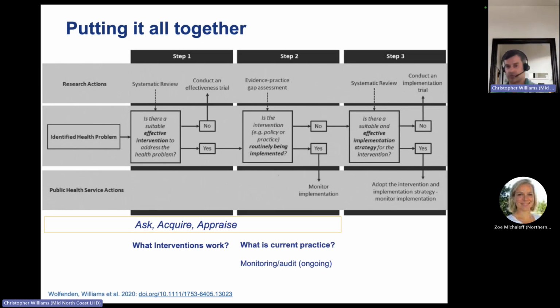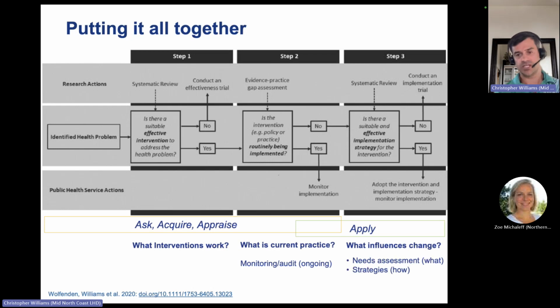It might be, for example, considering what interventions work, then what is the current practice, and then we're applying these principles into practice through a series of steps where we're asking what influences change. And we might be conducting a needs assessment of what needs to change or what are the issues in changing, and then understanding what strategies work best to change those.